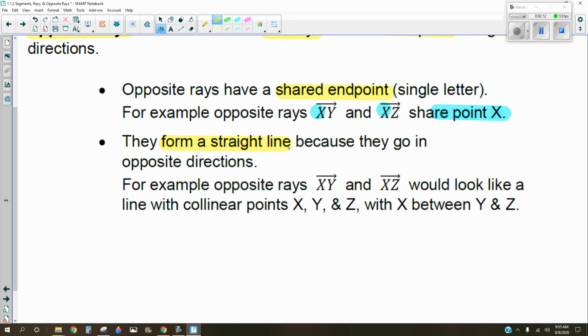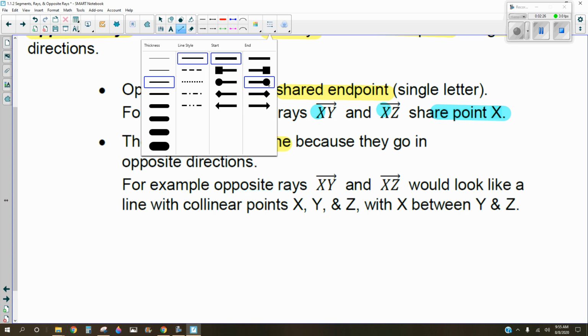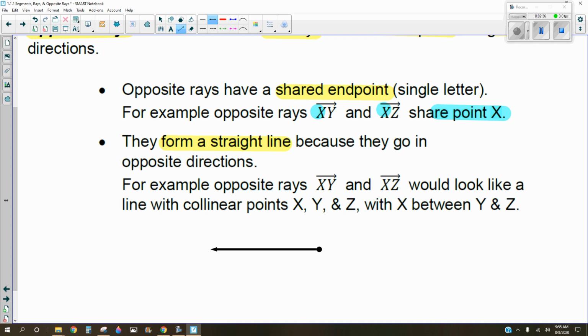So I'm going to draw a picture of the XY, XZ example. If I have, let me do my little endpoint thing here. I'm going to start and then go here. I'm going to draw it down here at the bottom where it starts and moves in one direction.